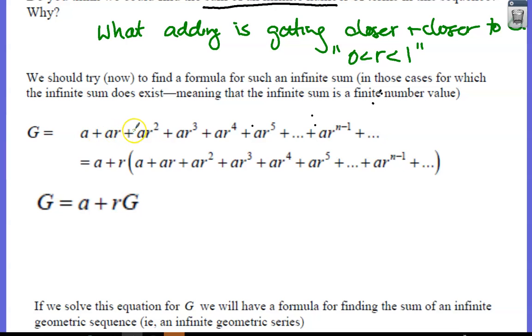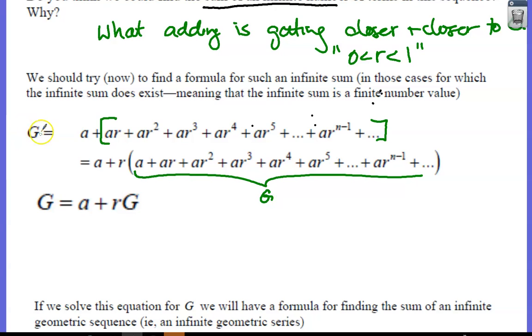I factored out an r from every term from here forward. See that? That means that each one of these basically goes down by a power. Everybody see that? And not only that, but what's left inside is this whole original first sequence, or G.